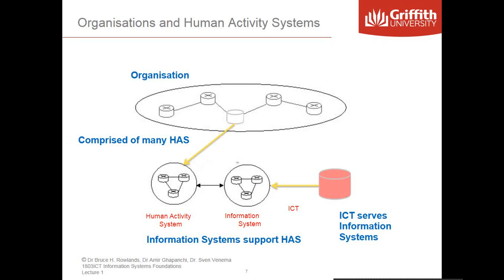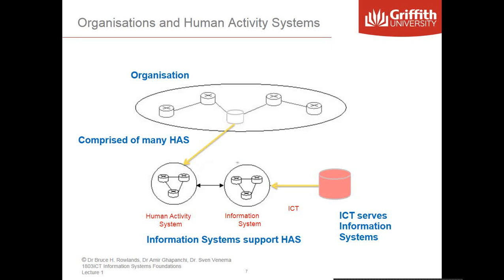In this particular example, we've got an organization at the top there with those round cylinder shapes, and they're connected in some way. Those cylinders are human activity systems, and there's one zoomed out, a human activity system which has some more little boxes in it. Now, the term human activity system, what does that suggest to you? Are there people involved? Yes, they're humans doing stuff. So it's a fancy term for people getting together to do some stuff, whatever that happens to be.